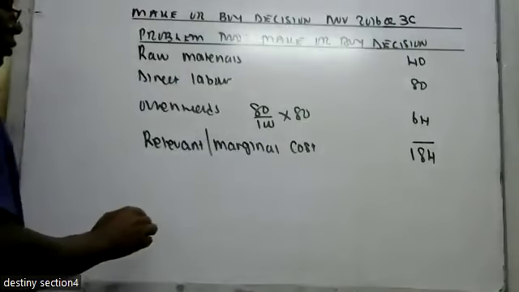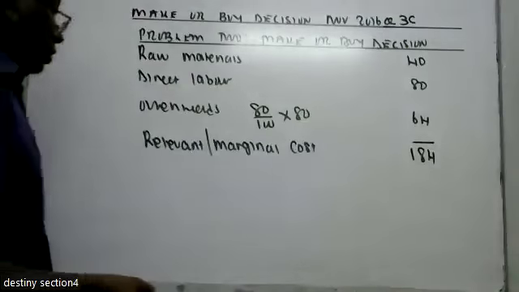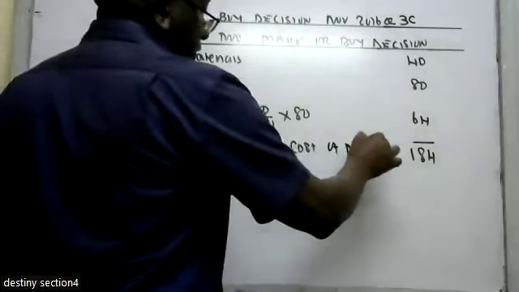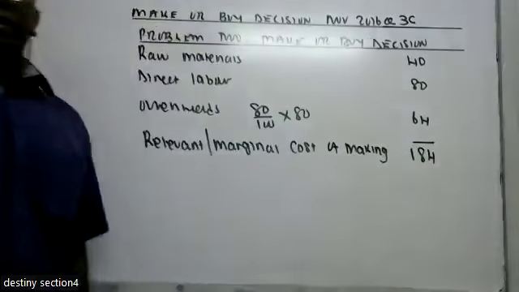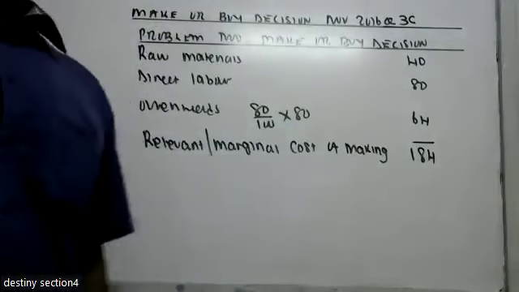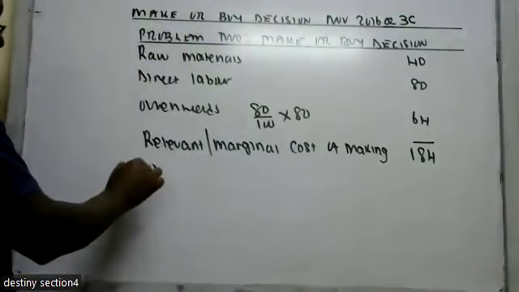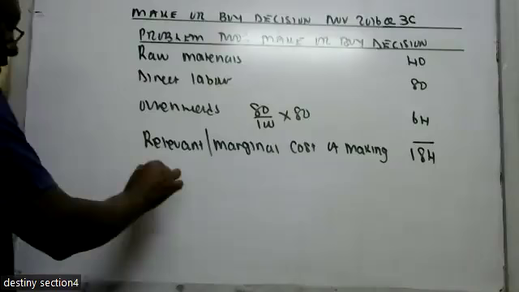This one we needed to label as the cost of making. If you decide to make, those are the relevant costs. Now here we bring external purchase costs.